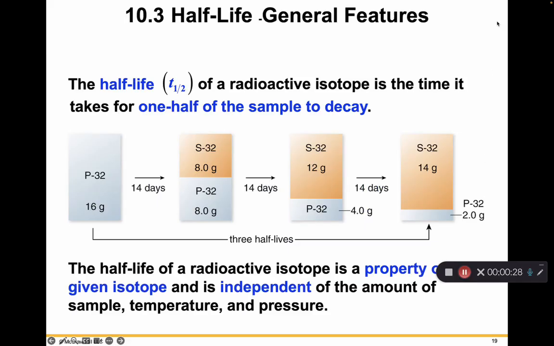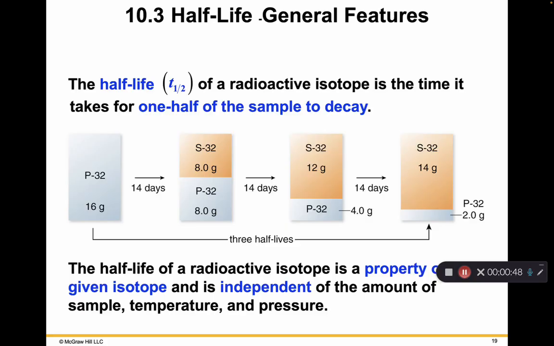Let's recall, we know that elements have different isotopes, right? Among these isotopes, some could be stable, some could be unstable. The unstable isotopes we call radioactive isotopes.